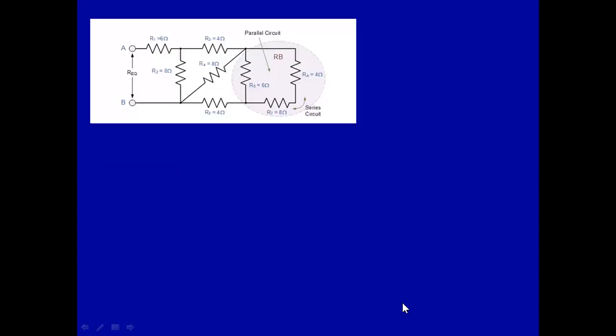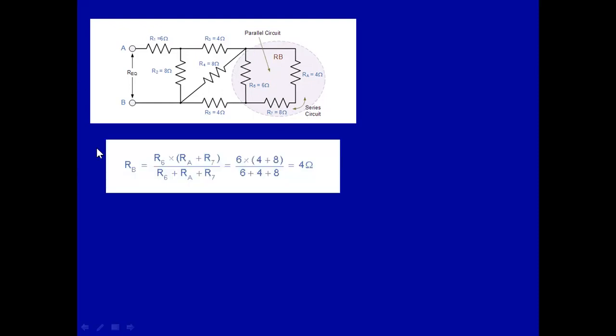Okay. If we further simplify this one, since we have already determined your RA as 4 ohms, so since your RA and R7 are in series circuits, you're going to add this one. This gives us 12 ohms. And then since this one, the total here is in parallel with your R6. So the whole circuit here is called as RB.